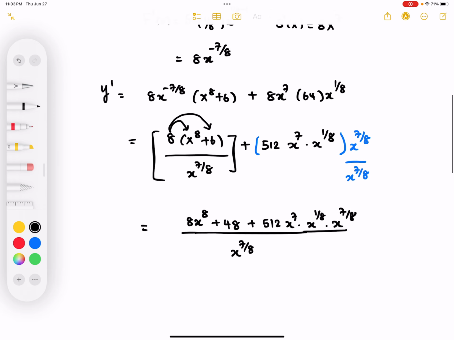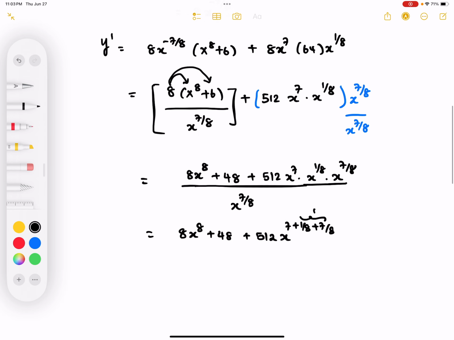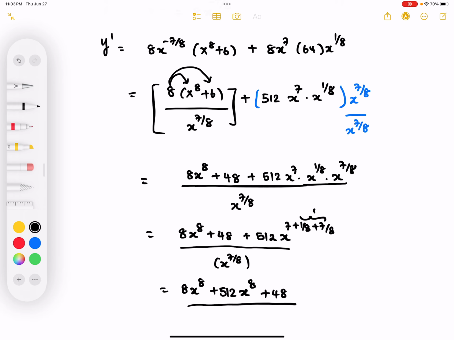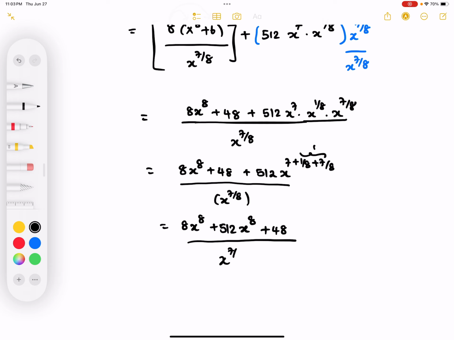Do you see? So this can be written as 8x^8 plus 48 plus 512x to the power 7 plus 1/8 plus 7/8, using the exponent rule. Now 1/8 plus 7/8 is just 8/8, which is 1, so this is x^8. So look at 8x^8 plus 512x^8 plus 48 divided by x^(7/8).